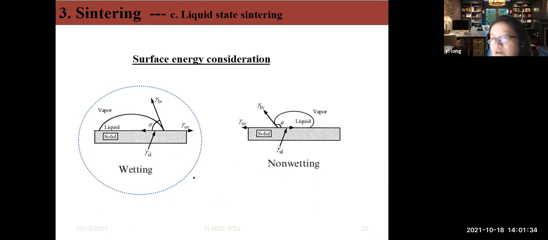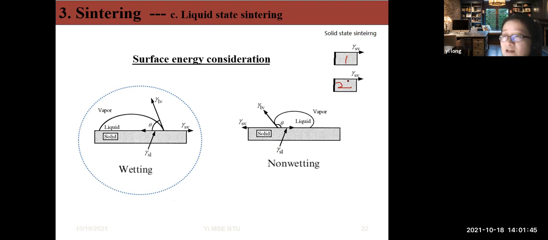As we said before, if it's solid state sintering, you have particle 1 and particle 2, and all of them are actually in contact with vapor, so in between they have gamma SV. But once you have a liquid in between, you change the interface. So this interface changes to gamma LV, liquid vapor.